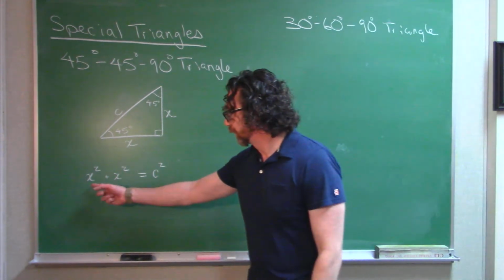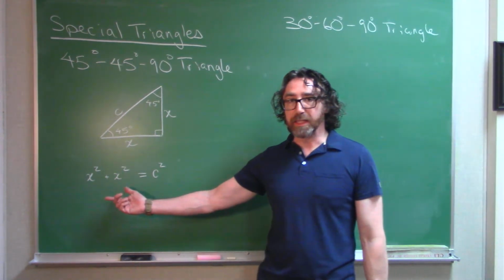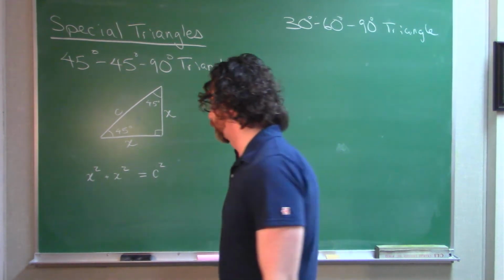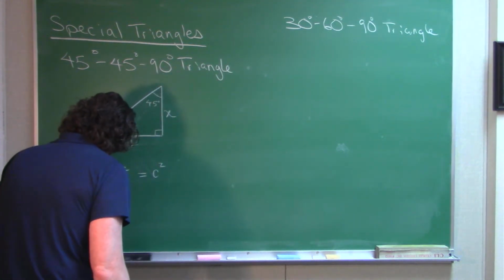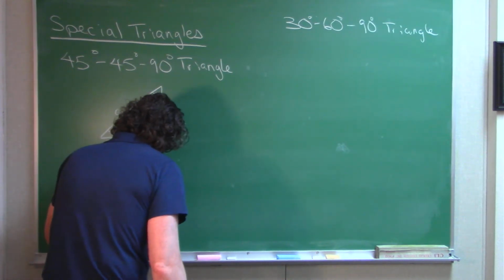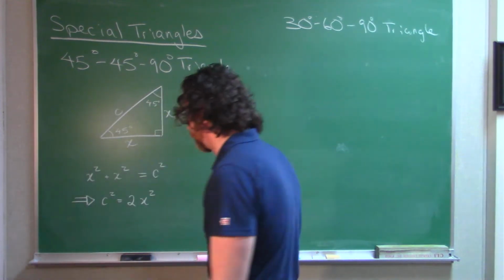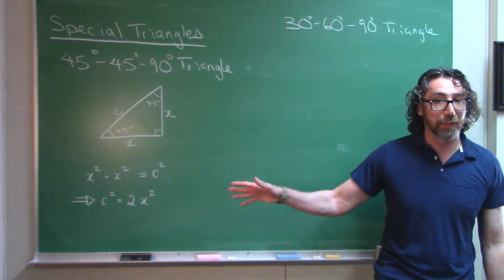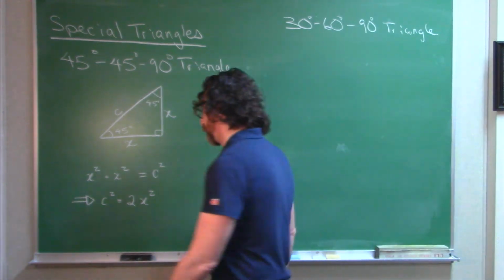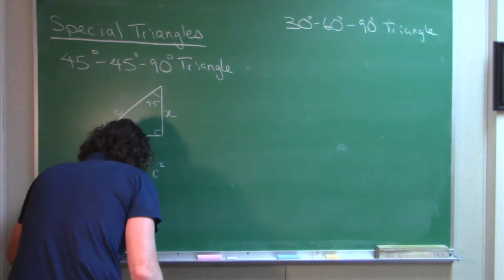Using our algebra, we've got like terms here, the same variable and the same exponent. So this is telling us that c squared is equal to double x squared. Of course, this isn't telling us c just yet, it's telling us c squared. We've got to work backwards, using the square root.